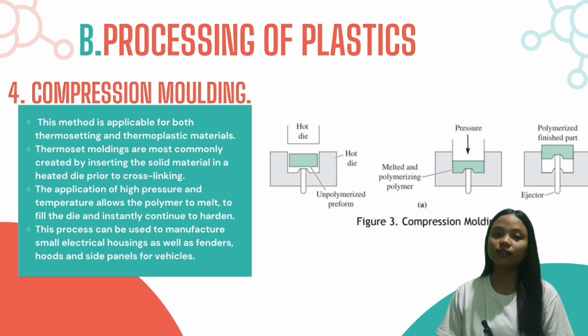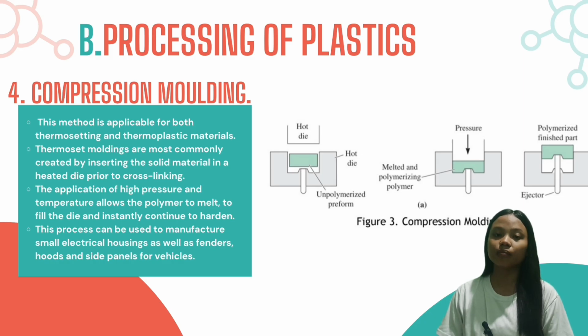Next, the mold is closed and high temperature and pressure are applied. Because of the heat, yung material is lumalambot o natutunaw kaya nag-flow siya and completely fills the cavity of the mold. At the same time, may nangyayaring chemical reaction called polymerization which makes the material gradually become hard and rigid.